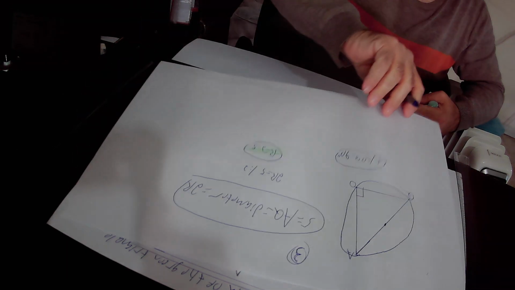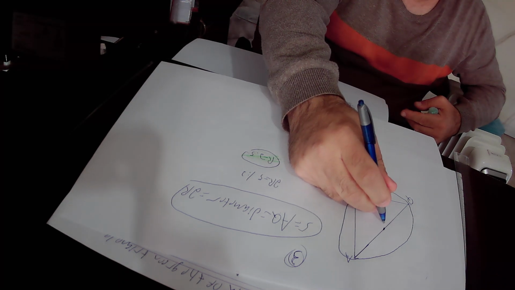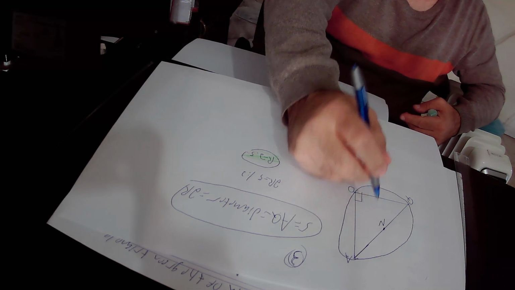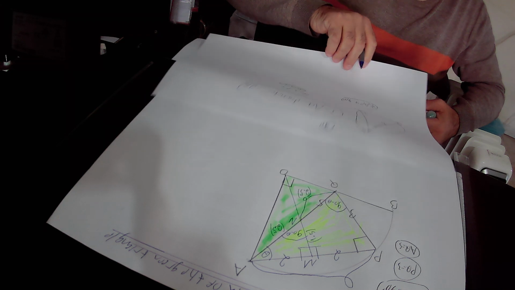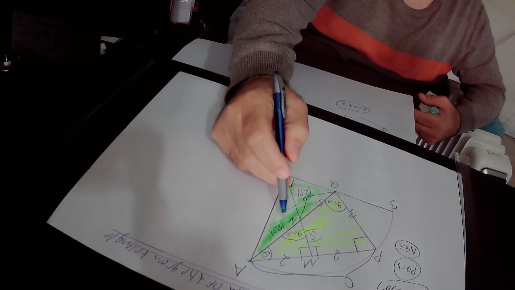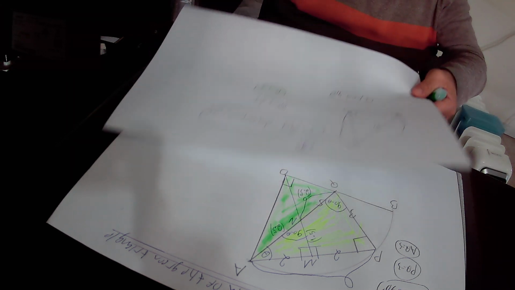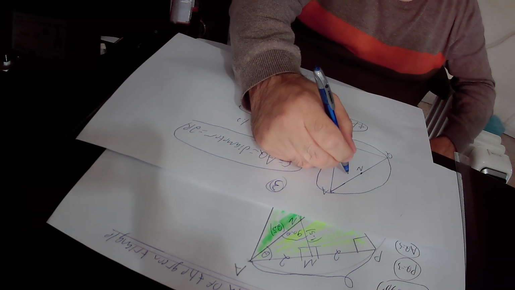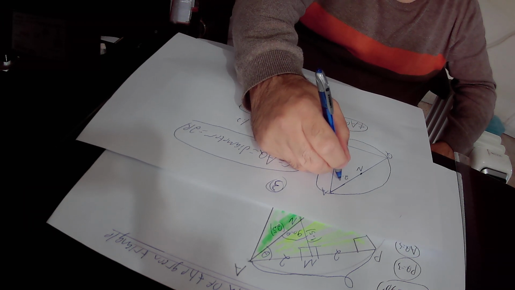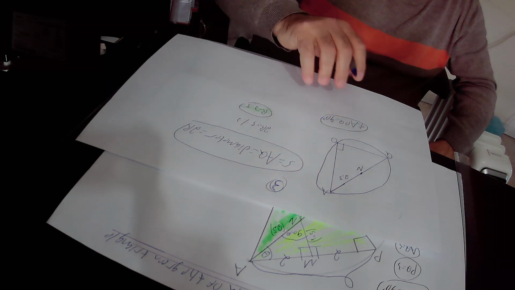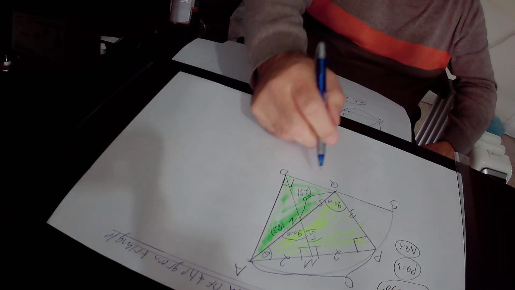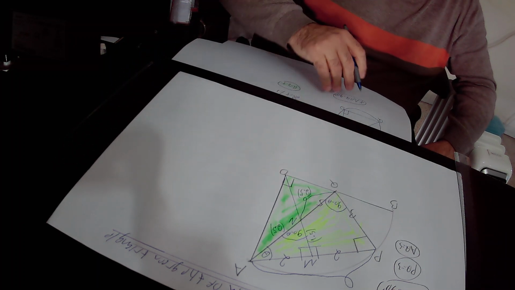This is point N that I copied from the original drawing. We've already found out that line segment AN equals 2.5 units, and that line segment NQ also equals 2.5 units.